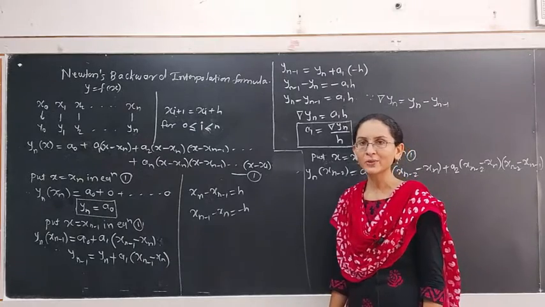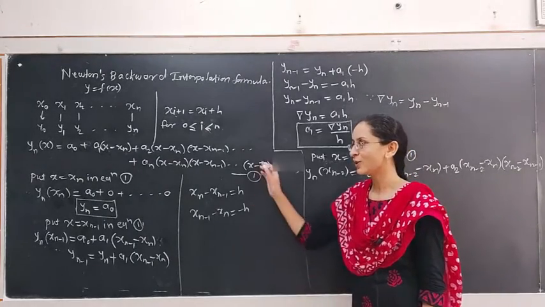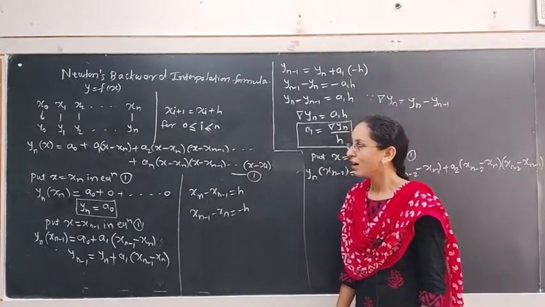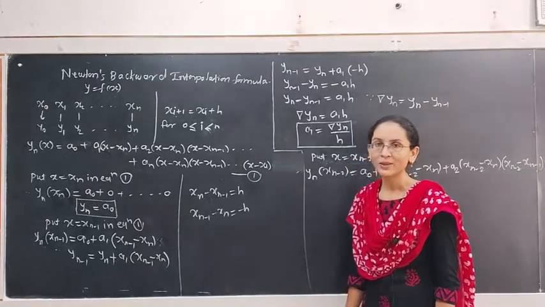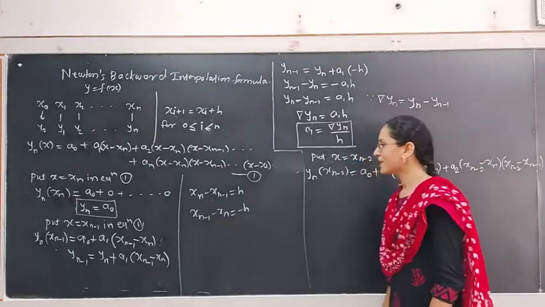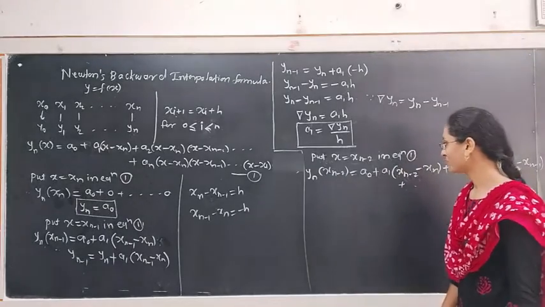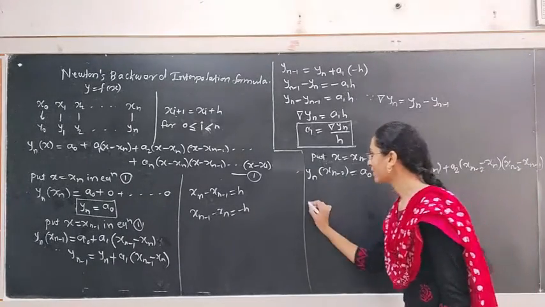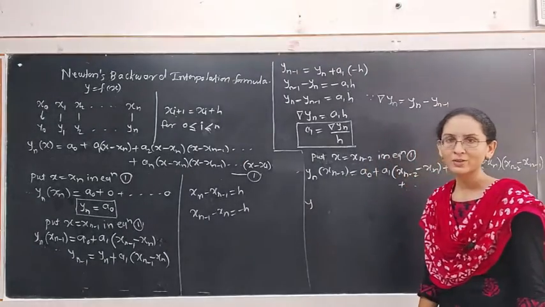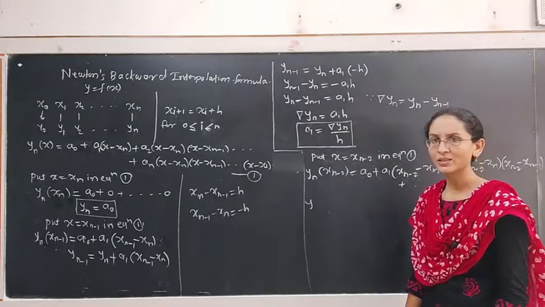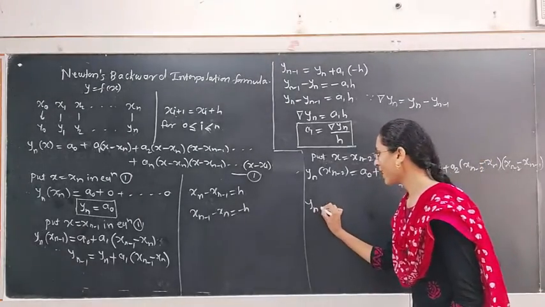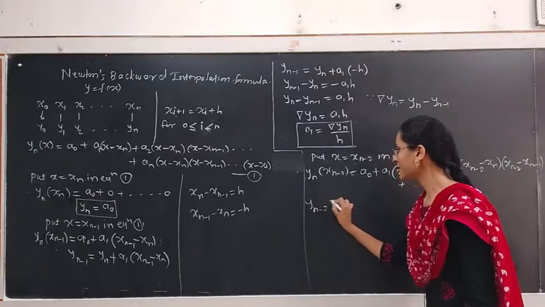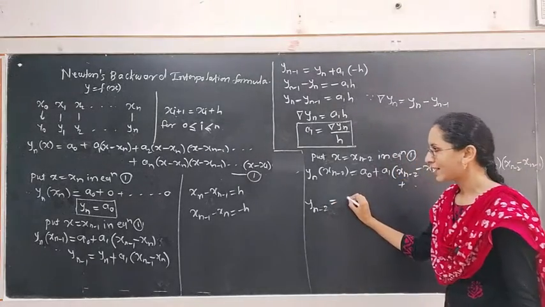If we put x equal to x_{n-2} in this polynomial, then after the fourth term all the terms are 0. Hence, y_n of x_{n-2} is nothing but y of x_{n-2}, and y of x_{n-2} is y_{n-2}. So y_{n-2} is equal to a0.